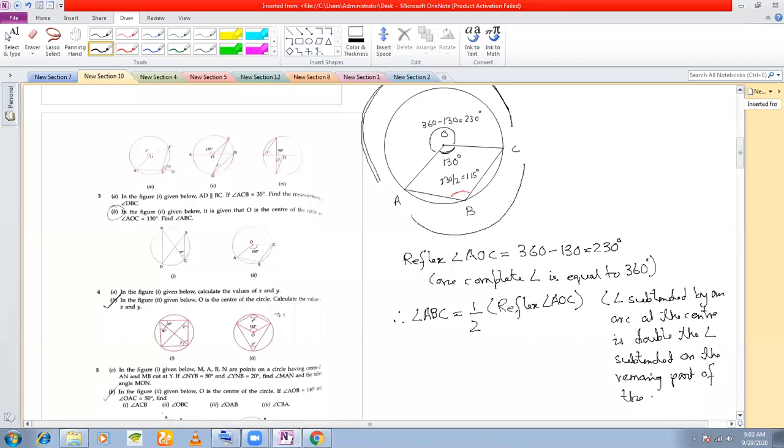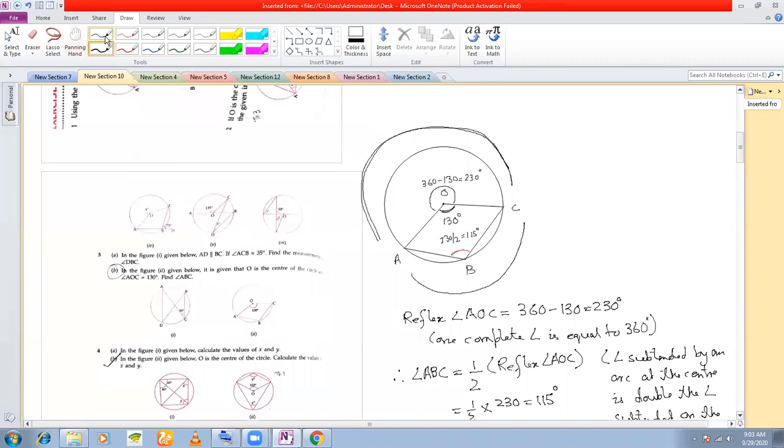Okay, so this is half of 230, which is 115 degrees.